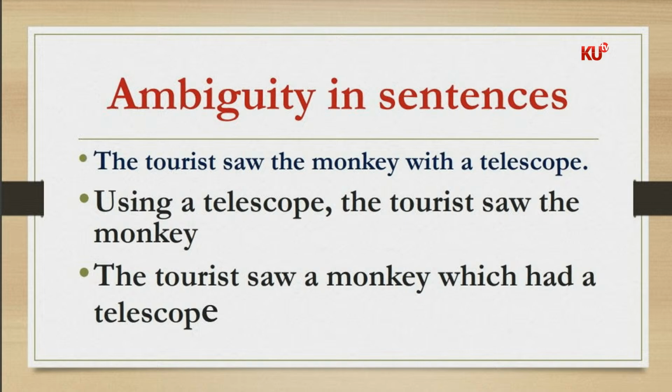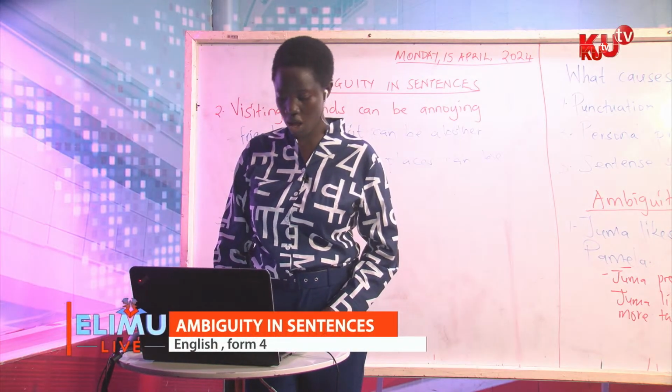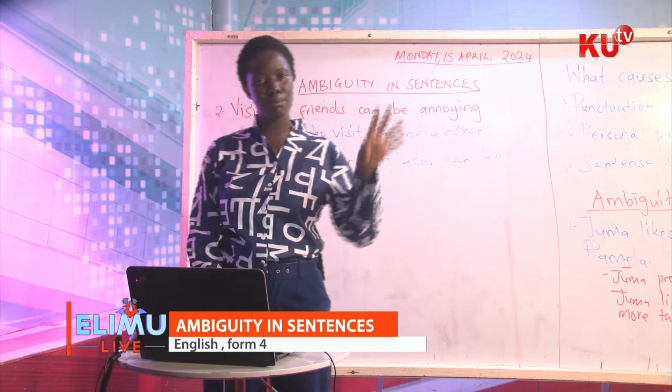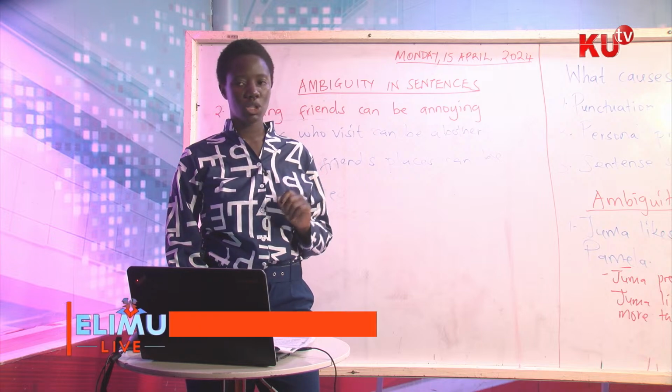So it's not the tourist who has the telescope, but the monkey. The tourist saw a monkey which had a telescope.